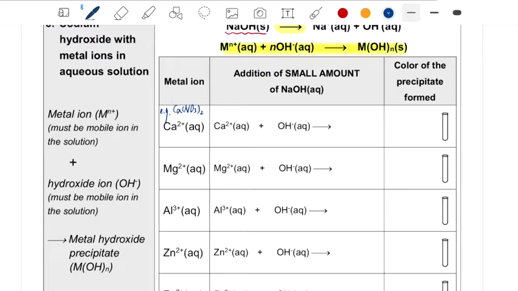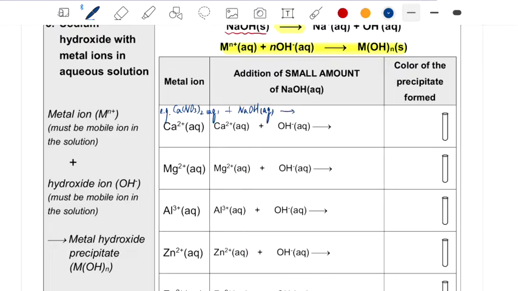So calcium nitrate solution is a good example which contains calcium ion. And then we will have hydroxide that comes from sodium hydroxide, which is also a solution. When we put these two solutions together, it will form a salt and also a precipitate.